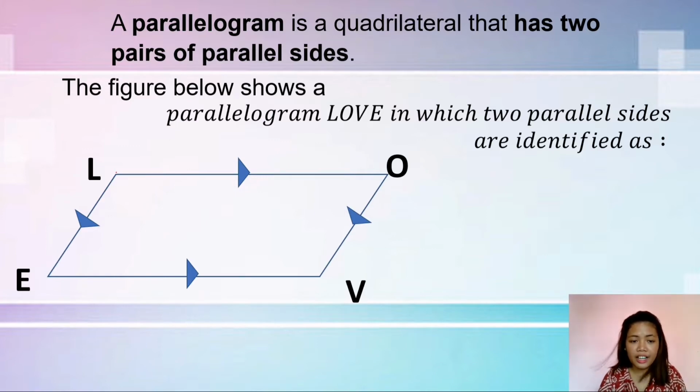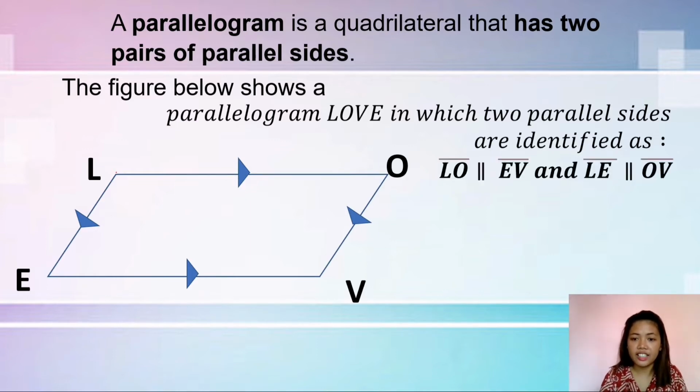Now let's identify the sides of the parallelogram which are parallel to each other. So we have the first pair, meron tayong side LO and side EV. So ang pangalawang pares, we have side OV and side LE. So those are the pairs of parallel sides in this parallelogram.